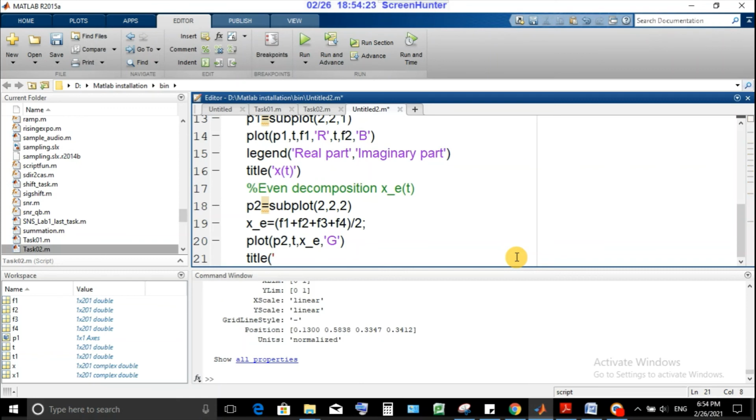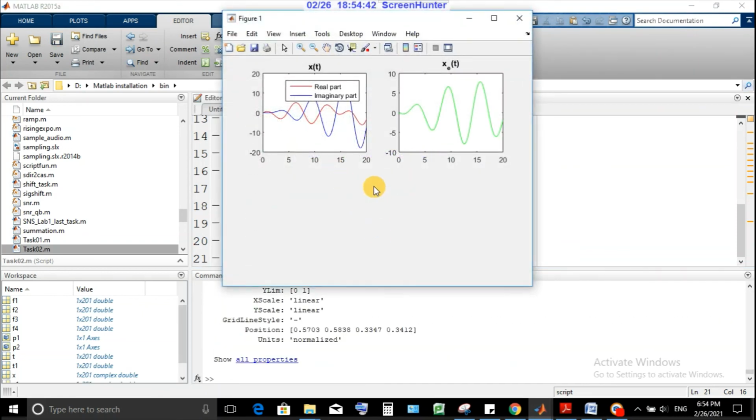As far as the title is concerned, we can write here x underscore e of t and then we can run it. Yes, here you can see we have got the even part.